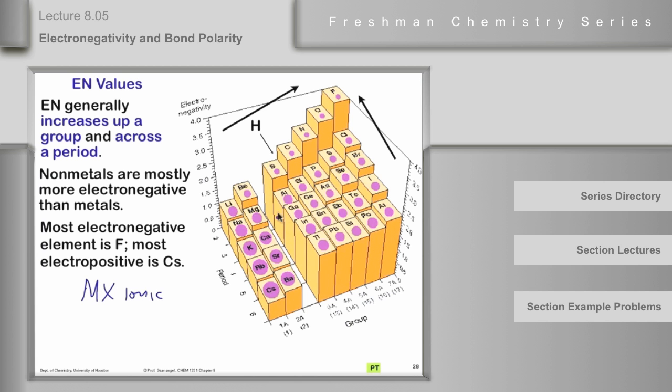Because at least to the extent that electronegativity has anything to say about it, the M's over here and down here are much less electronegative than the X's that are over here. And one of the things that you would expect to be the case is if we're forming ionic compounds like this, there should be a big electronegativity difference, and we'll come back to that in a few moments.